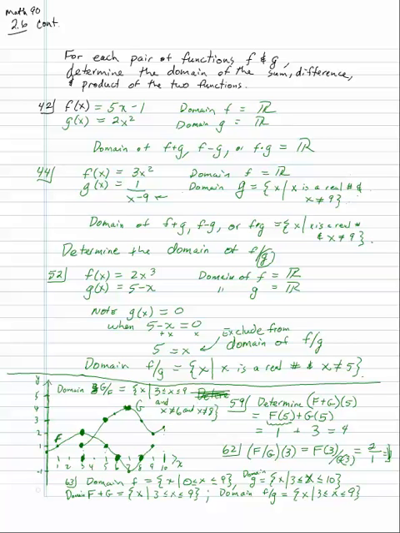So you got to throw out those two numbers where the f graph crosses the x-axis, because that's where the y value would be equal to 0. Okay, so it's going to be between 3 and 9, and you throw out 6 because f is 0 there, and if f is the denominator in this case, you're not allowed to divide by 0. So you got to throw that out.